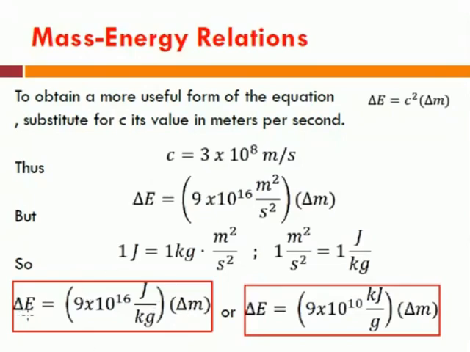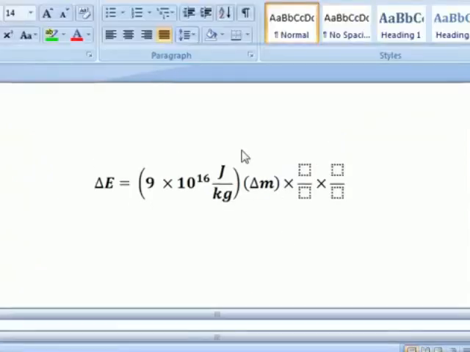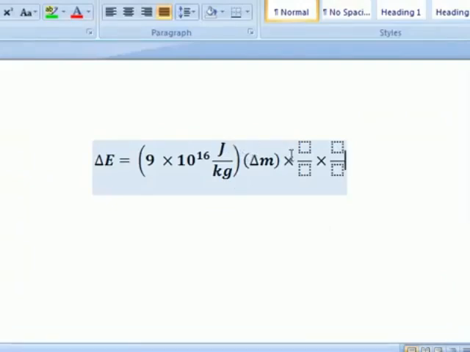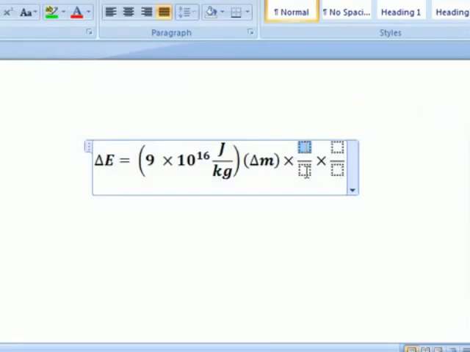Another equation for delta E: delta E is equal to 9 times 10 raised to 16 joule per kilogram multiplied by delta m. We can also convert this, if we want, from joule to kilojoule, and from kilogram to gram.